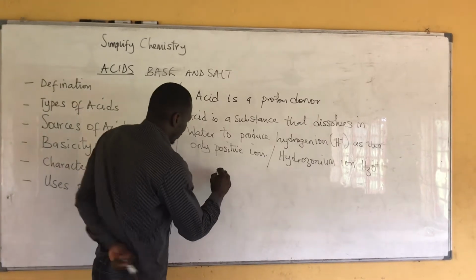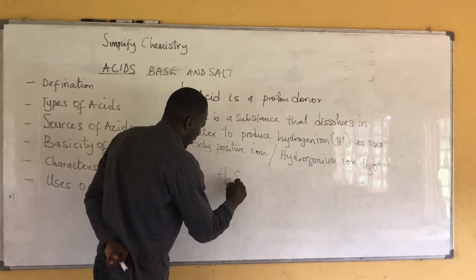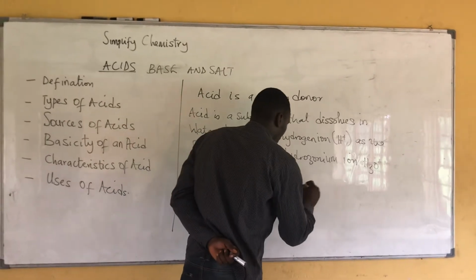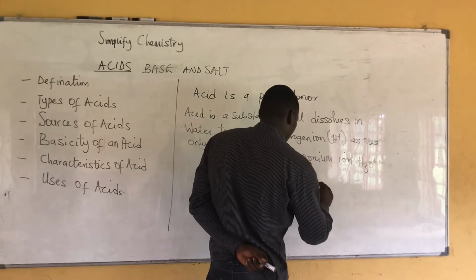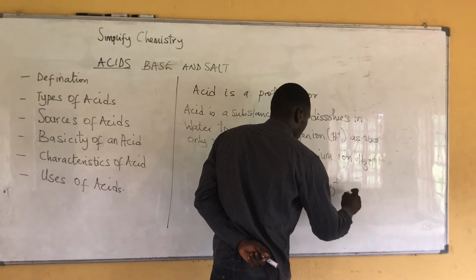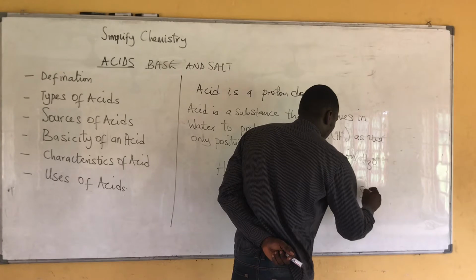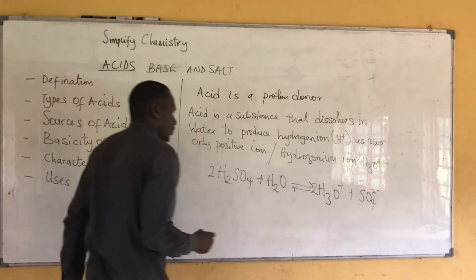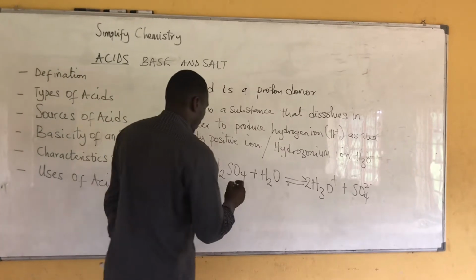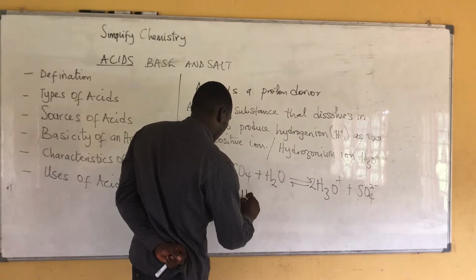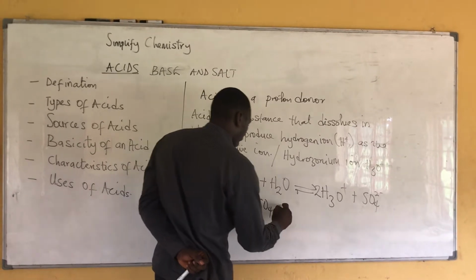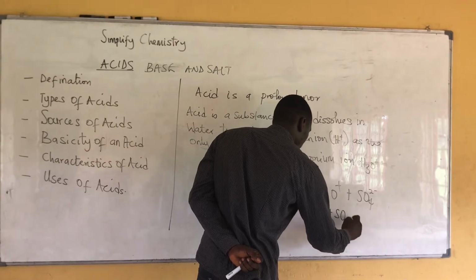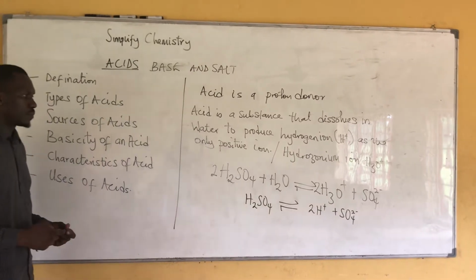For example, H2SO4 dissolves in water to produce hydronium ion plus tetraoxosulfate 6 ion, or see it as it ionizes in water.